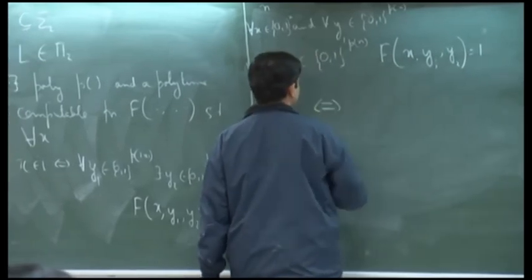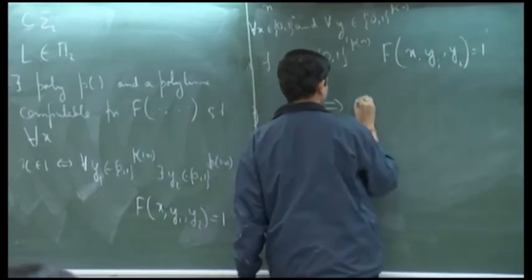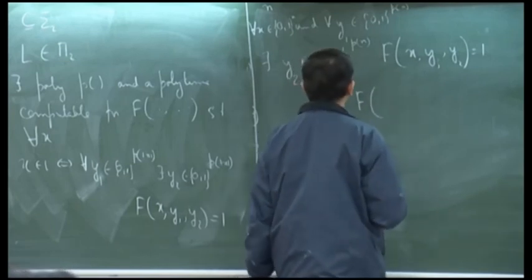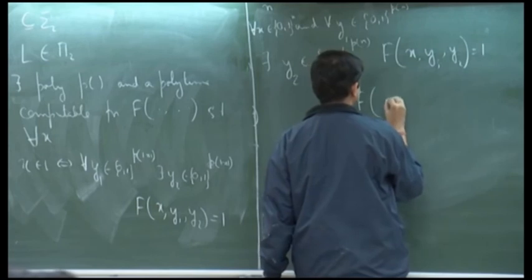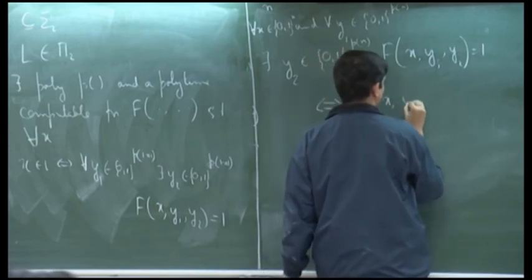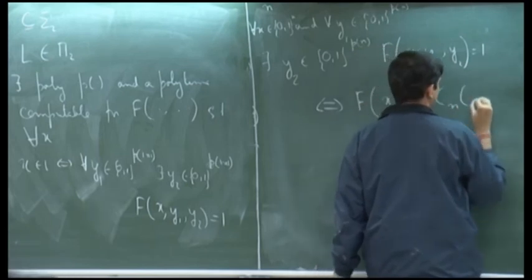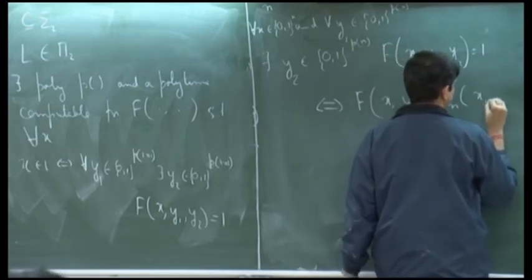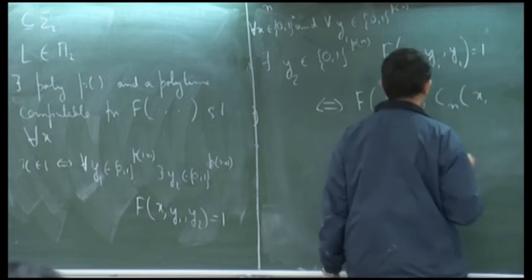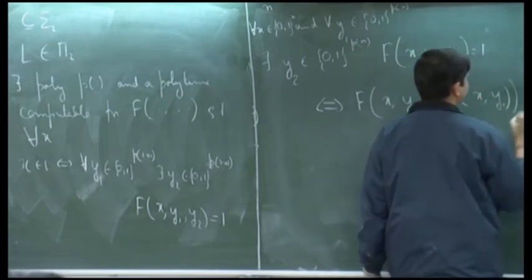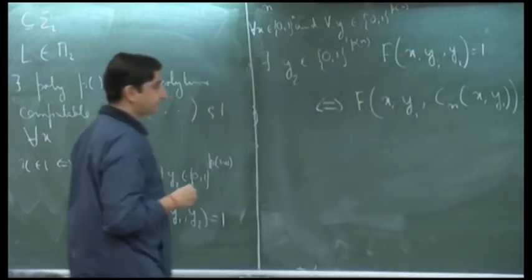This is equivalent to saying that f of x comma y 1 comma Cn given x comma y 1 evaluates to 1.